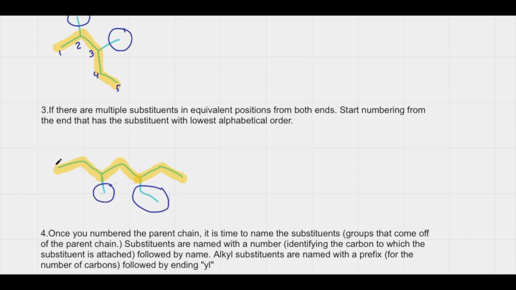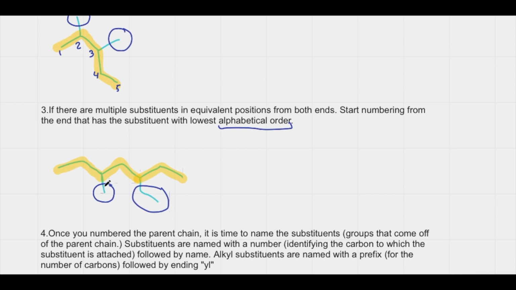Now I can see that if I number from the left, it's 1, 2, 3. This group is on carbon 3. If I number from the right, 1, 2, 3. This group is also on carbon 3. So how do I distinguish which one wins? So it's alphabetical order. What is this group called?